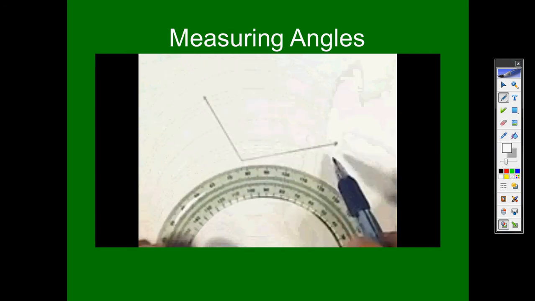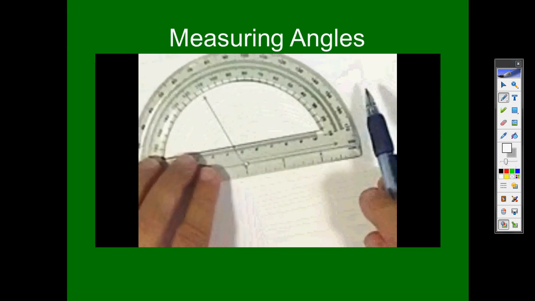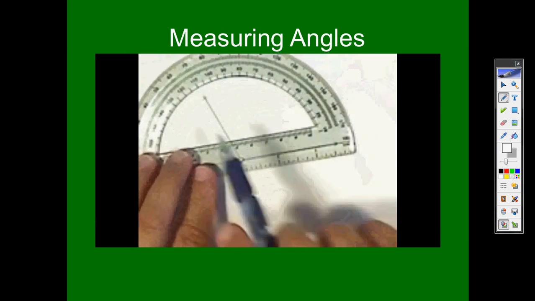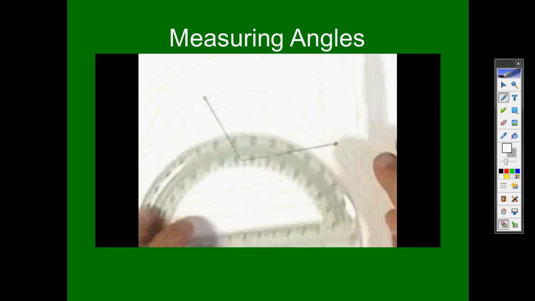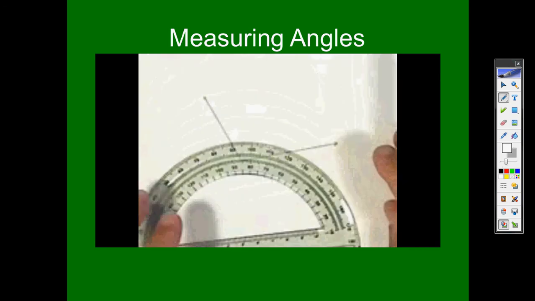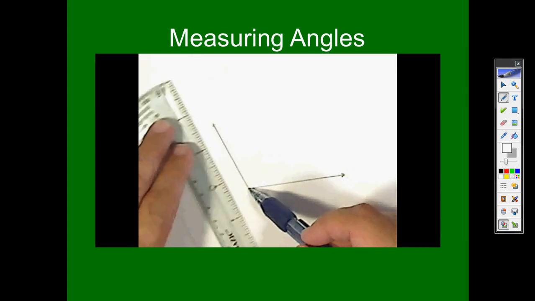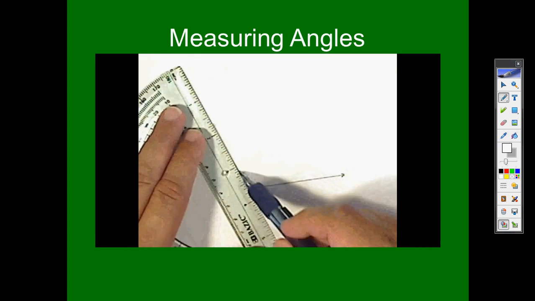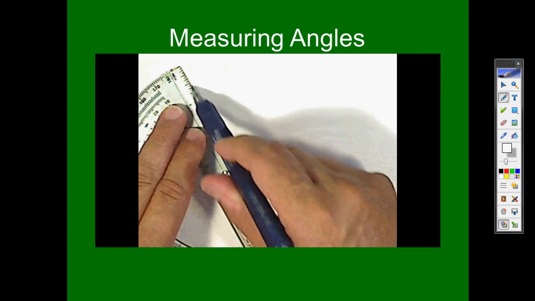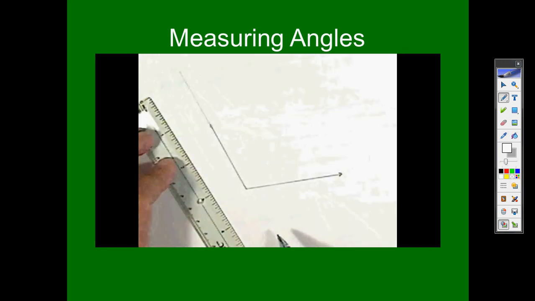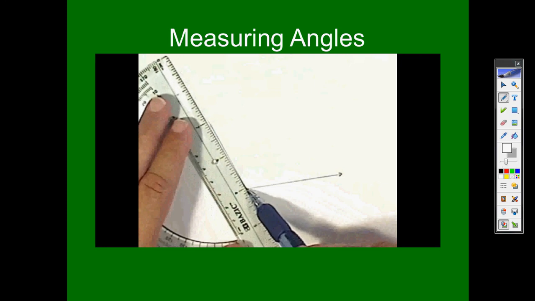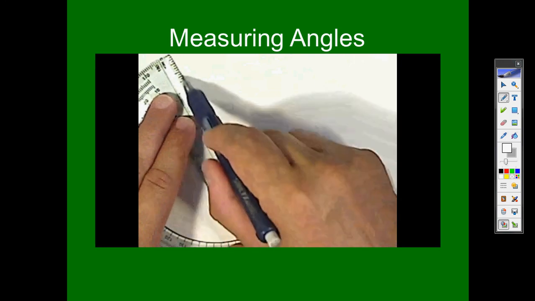Now, if the lines are too short to reach all the way over to where you're measuring, you can always extend the angles, because rays go on forever. Just make sure that you're very much in line with the existing ray and extend it as far as you wish. Once you do that, then it'll be easier to read.